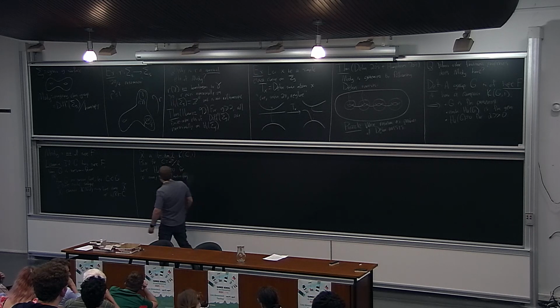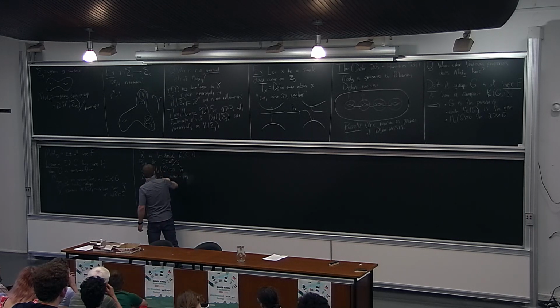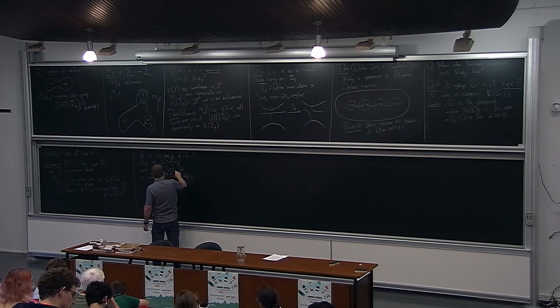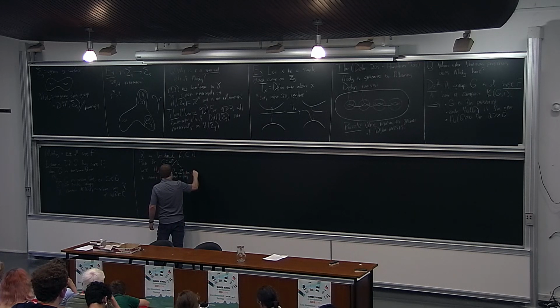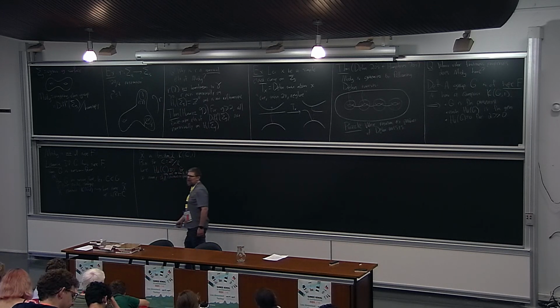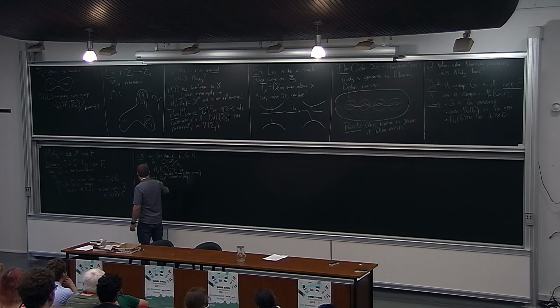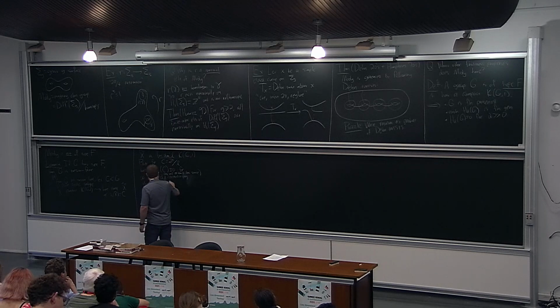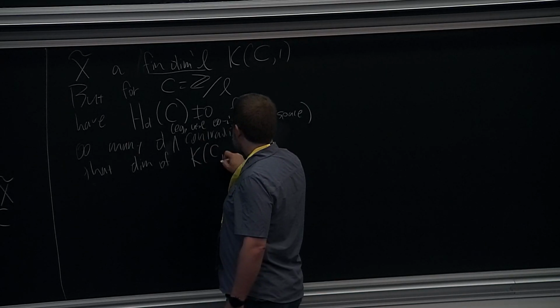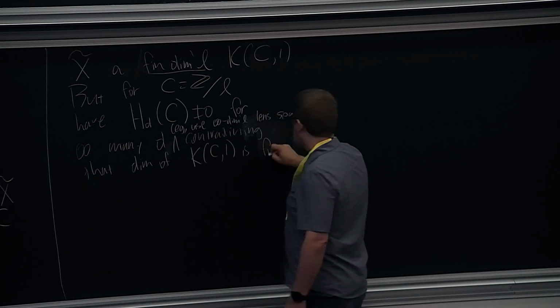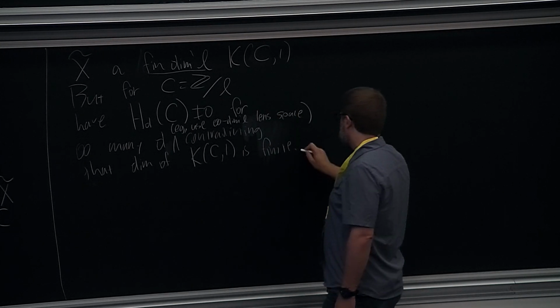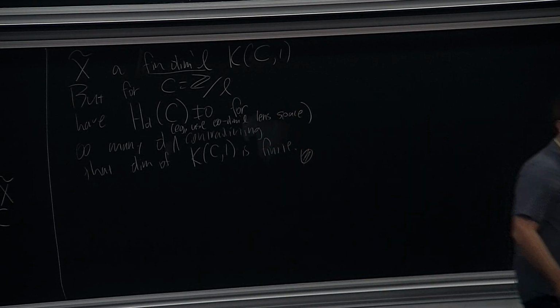So, for example, use an infinite dimensional lens space as a KG1 right there. Contradicting that, the dimension of our KC1 is finite. Okay, any other questions about that?